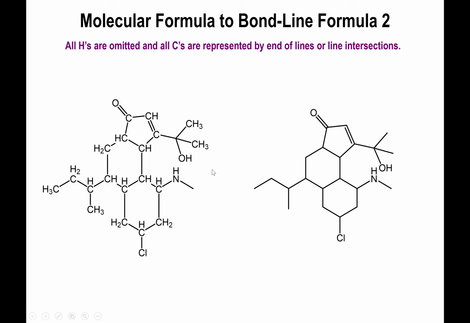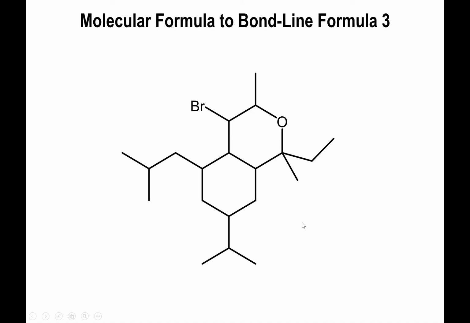In addition to it, the hydrogen, which is next to the oxygen, is understood to be bound to that oxygen. Same thing for the nitrogen here. Hydrogen next to the nitrogen is understood to be bound to the nitrogen. So those 2 hydrogens are still drawn out. But every other carbon and hydrogen's bond to carbon are omitted. The overall structure and shape is still represented in the structure, but we are just keeping the relevant bond line segment.